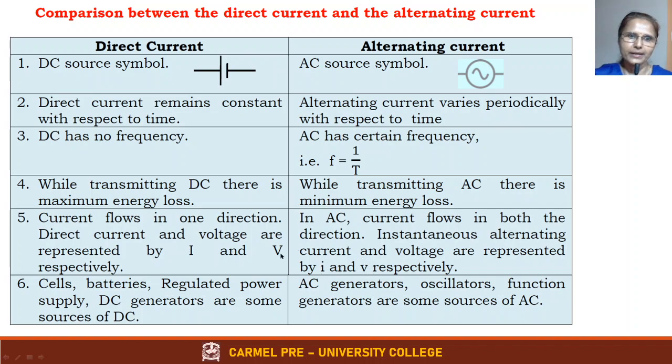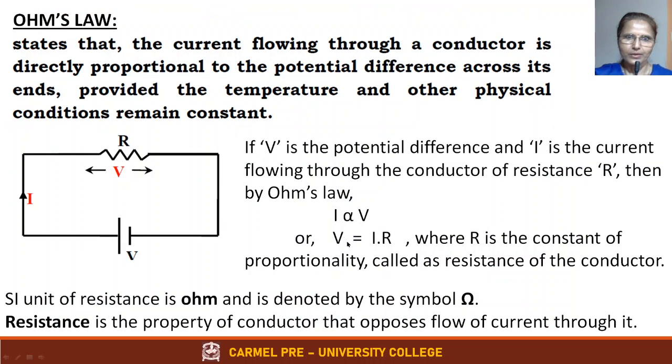Here it is capital I and capital V. Examples for DC are cells, batteries, regulated power supply, DC generators, and these are the sources of DC. AC generators, oscillators, function generators are all examples of AC. Okay, learn these, it's very important. If you learn, then you'll appreciate when we talk about these later.